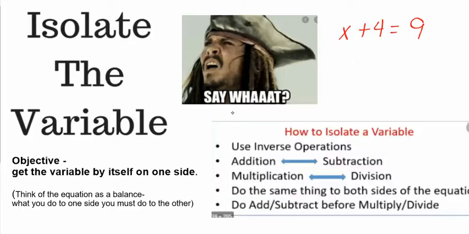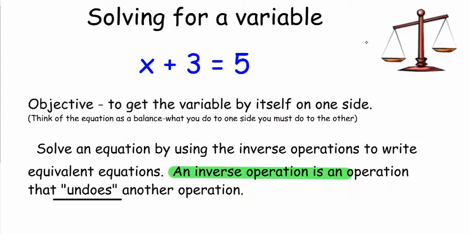In order to isolate the variable, you're going to do what's called inverse operation. You need to know that addition and subtraction are inverse operations of each other, and multiplication and division are inverse operations. Remember, when we talked about it with the hangers, it is similar to a balance. Whatever you do to one side, in order for it to stay balanced, you have to do it to the other side.